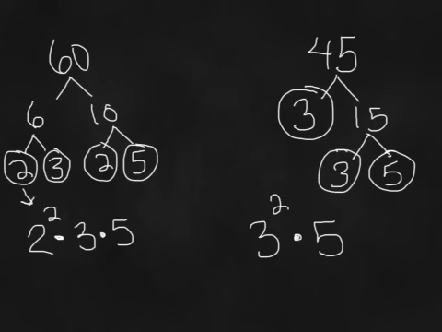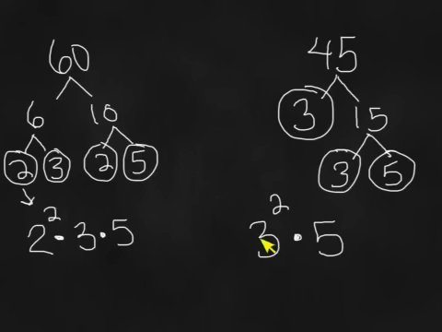Now we need to take a look at their greatest common factors. 60 has a factor of 2. In fact, it has two factors of 2. 45 doesn't have any factors of 2, though, so we're going to leave the 2 out. We're not going to be using that. Let's take a look at the next factor. 60 has a factor of 3, and so does 45.